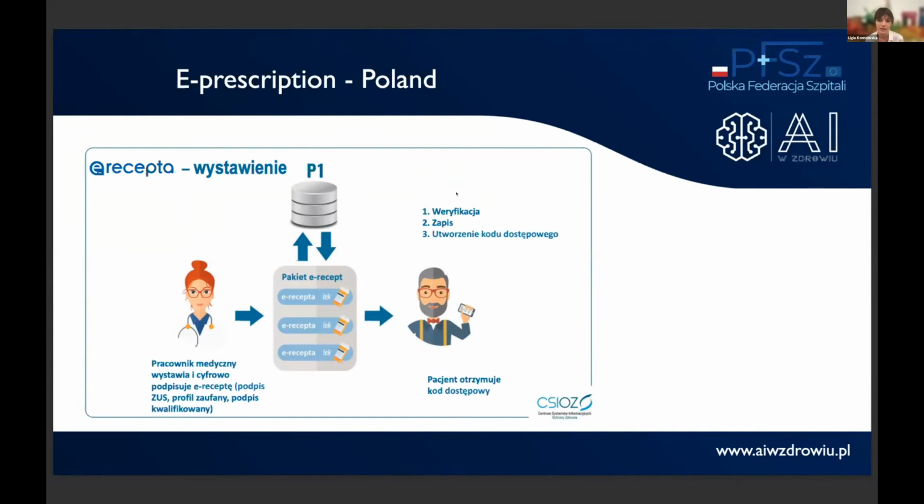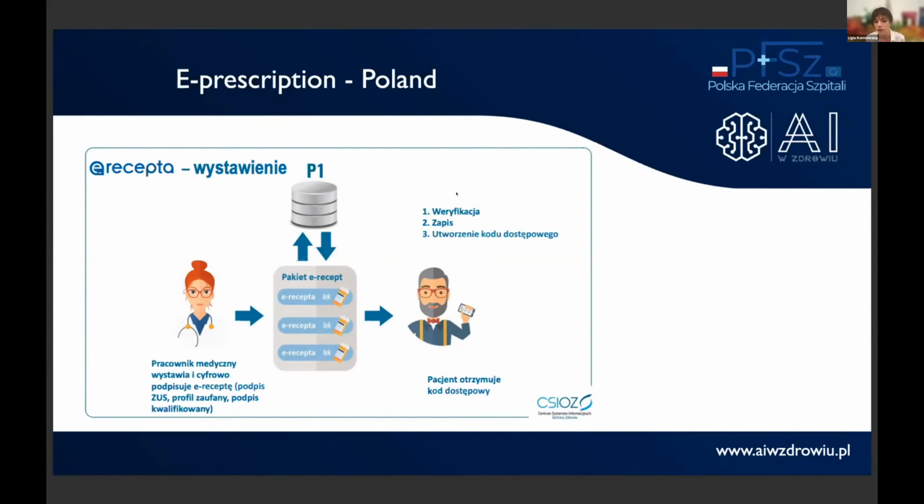In the first half year that it worked, which was like 2 years ago, there were 300 million prescriptions prescribed through that system. And it's the most popular system for prescribing.